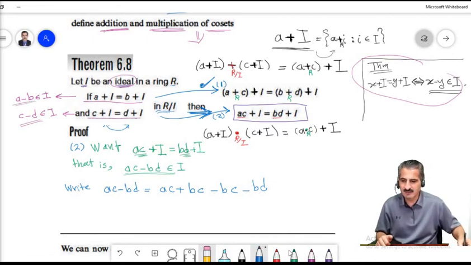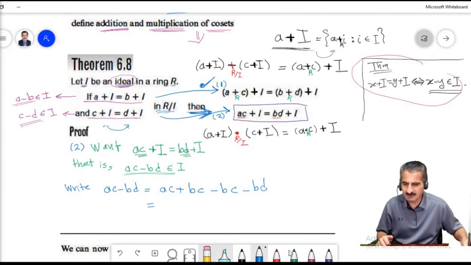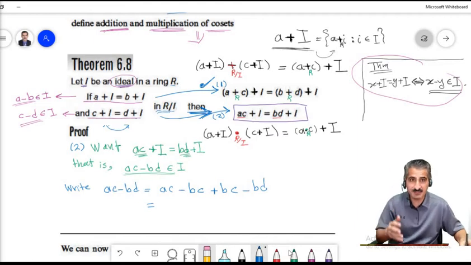Okay, so let's rewrite this. I want to subtract and then add. It doesn't matter which one, it does not affect anything. So I will subtract BC and then add it.